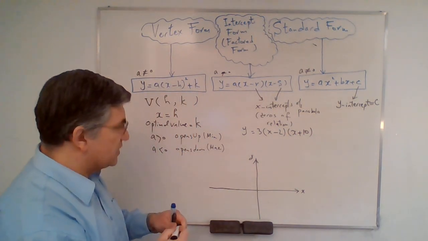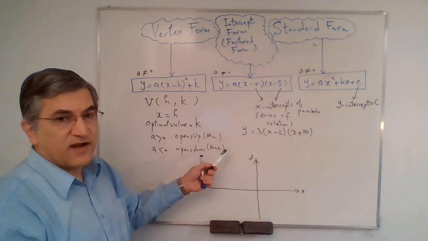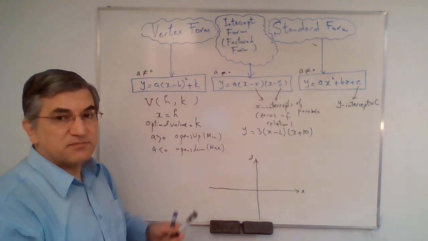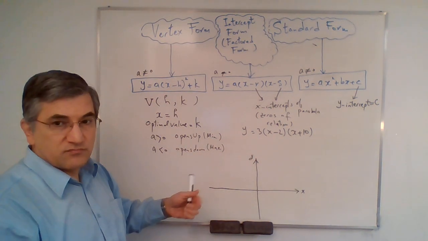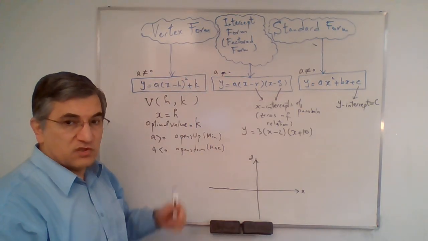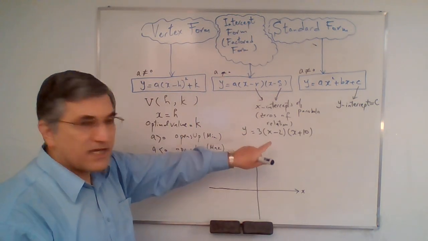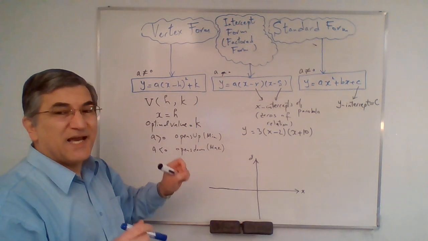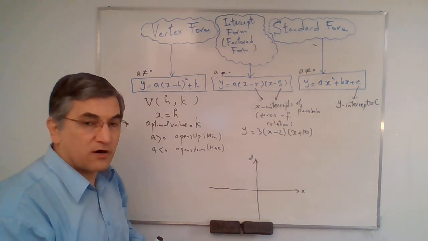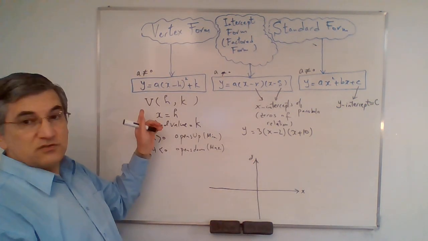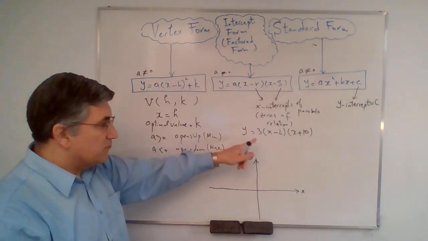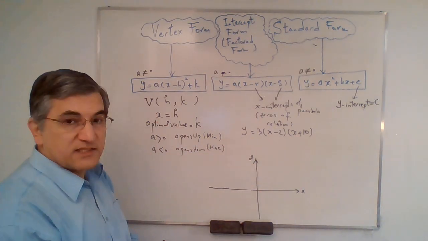This is a quadratic relation in factored form or intercept form. By looking at the equation, the advantage of this form is that you can tell where the x-intercepts of the parabola are. You can't tell where the vertex is right away, as we used to do in vertex form, but you can tell what the x-intercepts are.